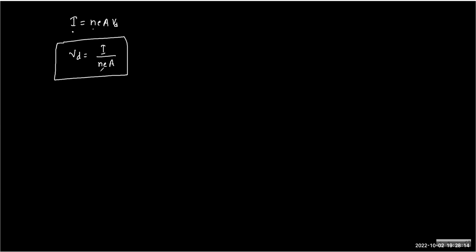So let's say I create a theory, and then from the theory, I calculate the value of the drift using the experiment. So this is the reading of a meter. This we know, and this of course we know.